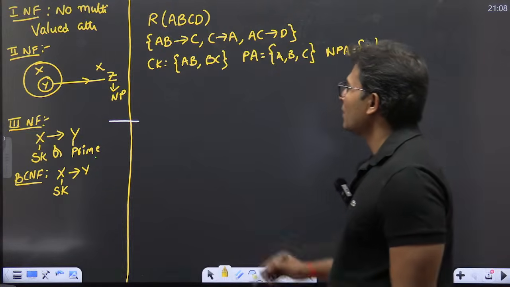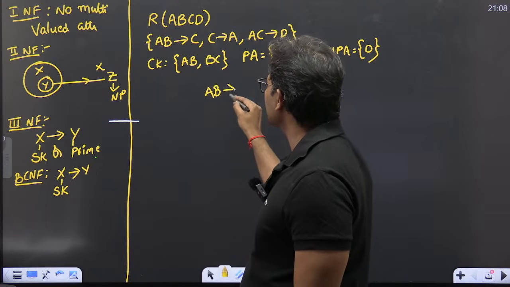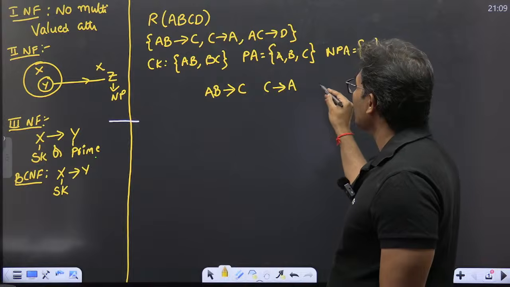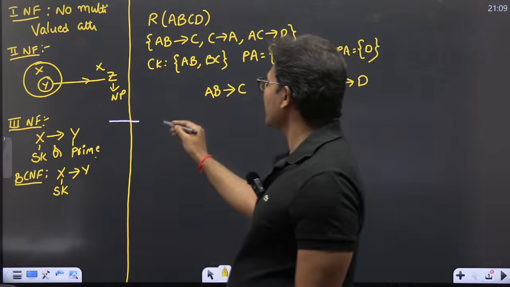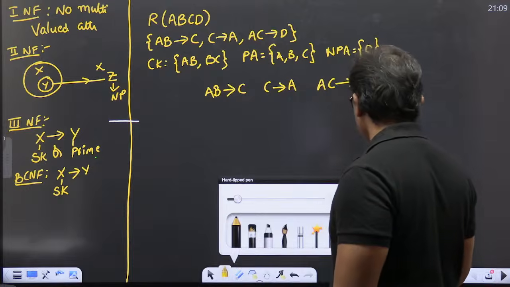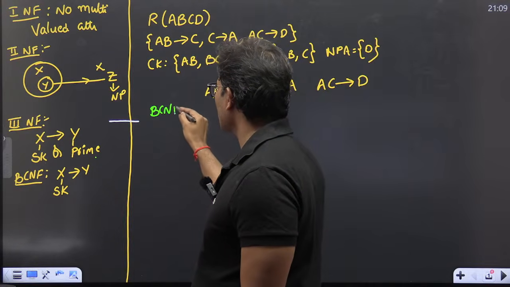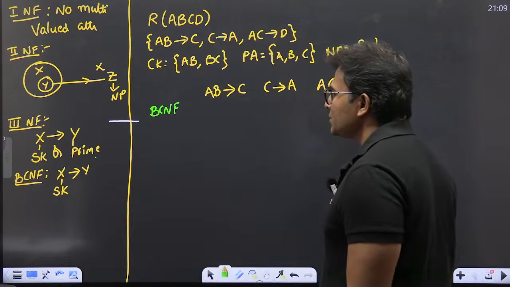Now let us see. AB determines C, C determines A, and AC determines D. Let's see whether this is in BCNF or not. What does BCNF say?